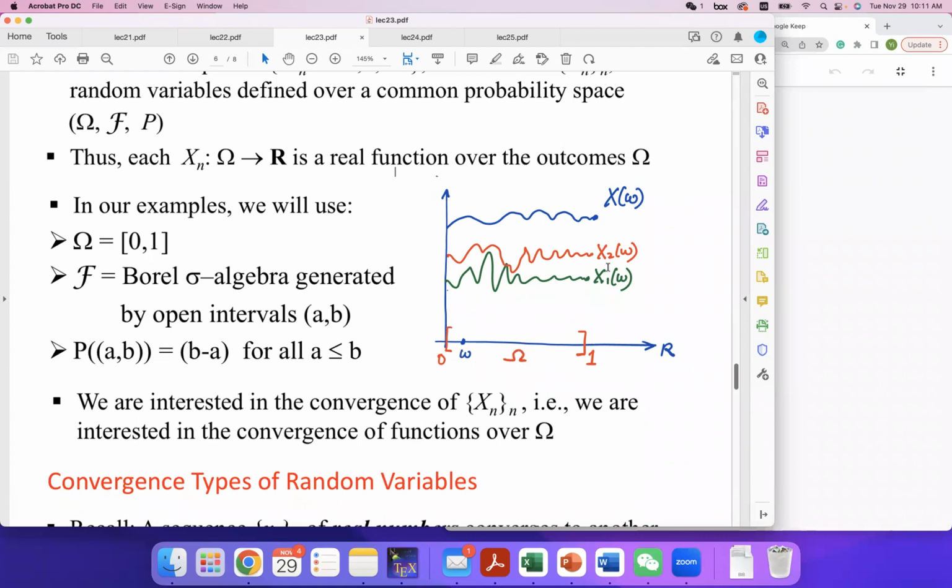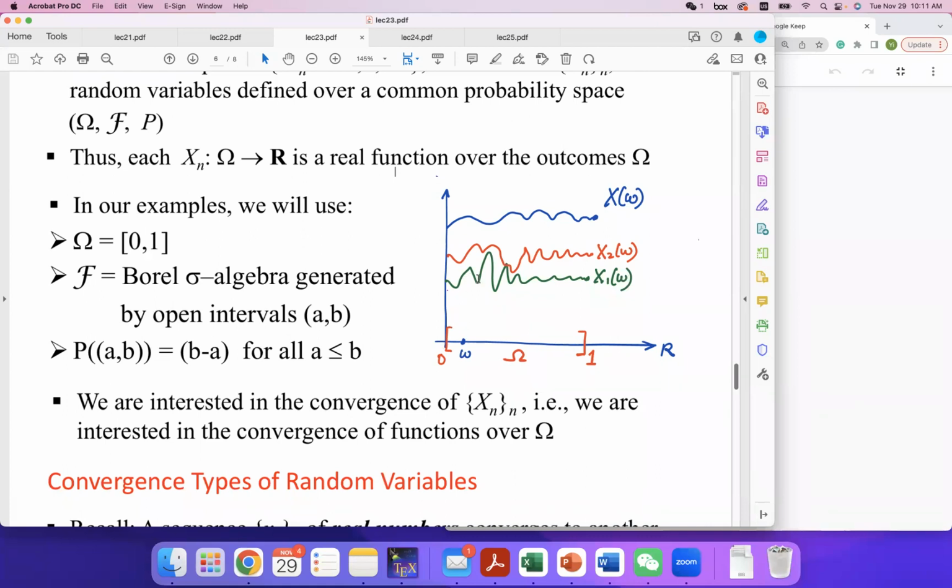This sequence of random variables, X1, X2, are simply functions defined on this outcome space. For example, X1 may look like this, a function defined over this interval.